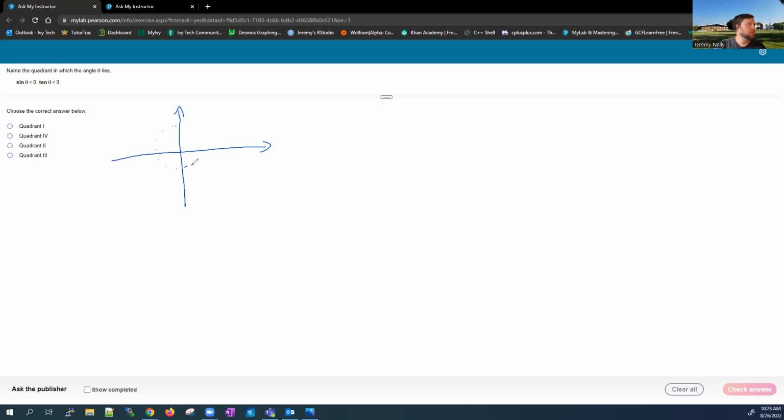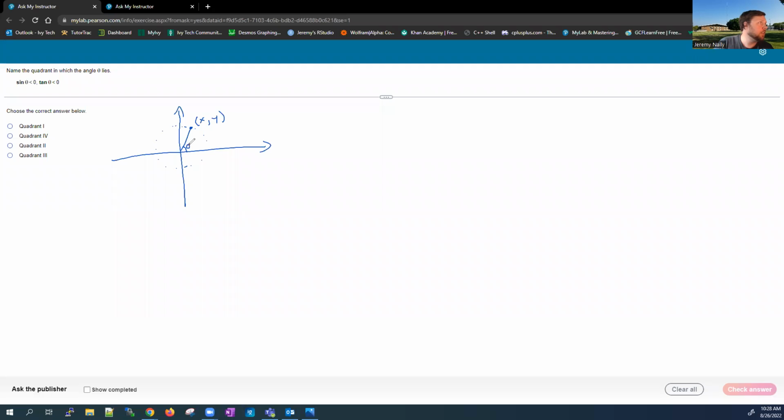The unit circle is a circle of radius 1 centered at the origin. So the length of this would be 1. And then each point on the circle corresponds to an angle, or I'm sorry, the trig function of an angle.